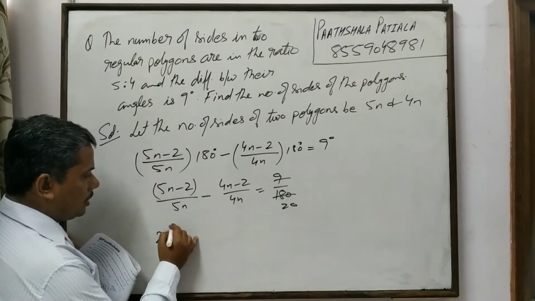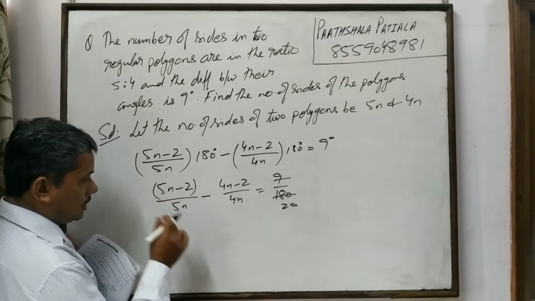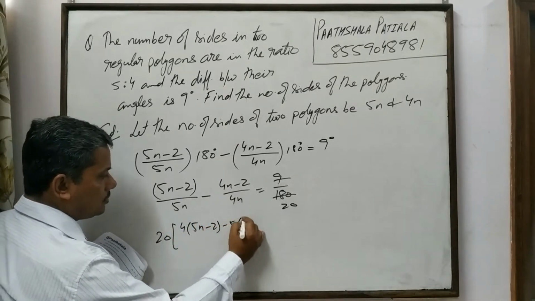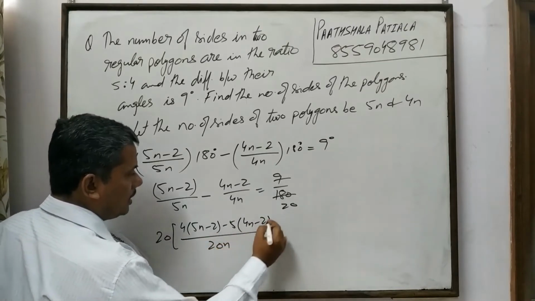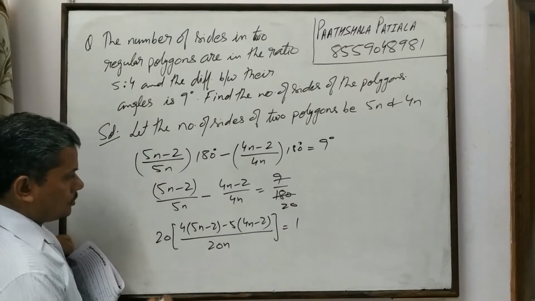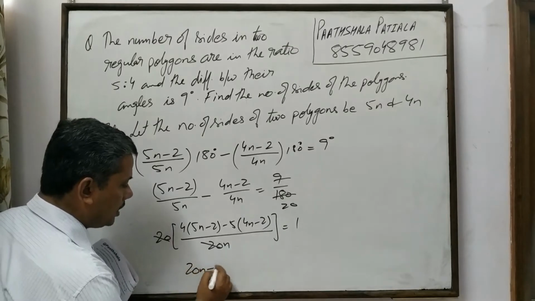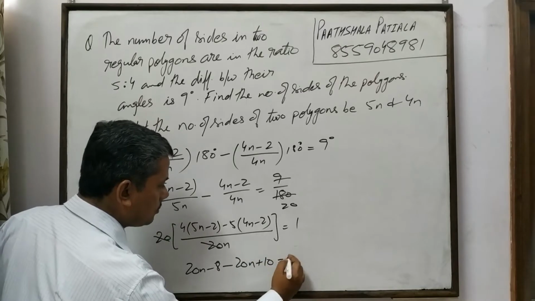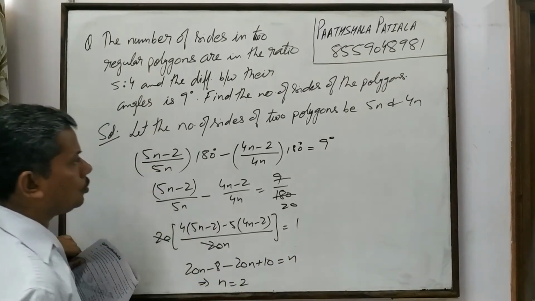Cross multiply 20, take LCM, that will give you 4 times (5n minus 2) minus 5 times (4n minus 2) upon 20n is equal to 1. So this 20 and 20 cancel. Cross multiply: 20n minus 8 minus 20n plus 10 is equal to n. This implies n is equal to 2.